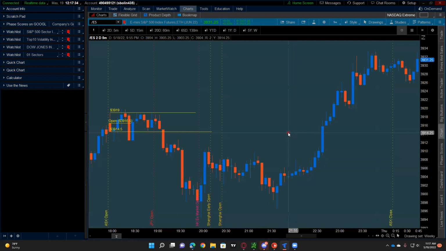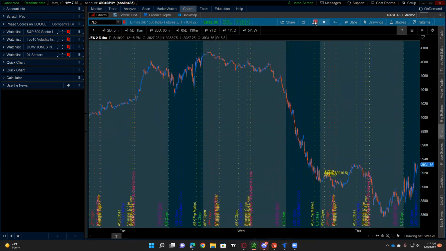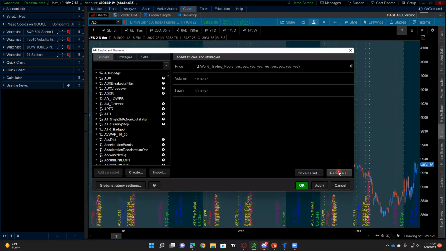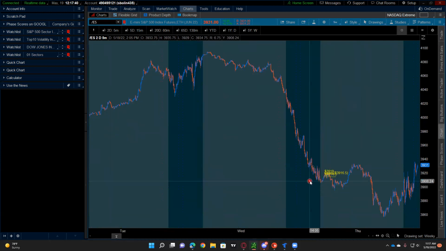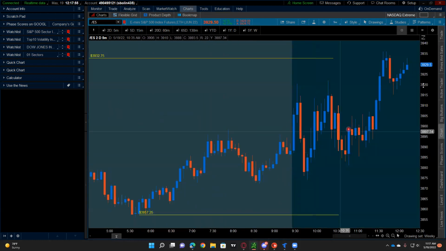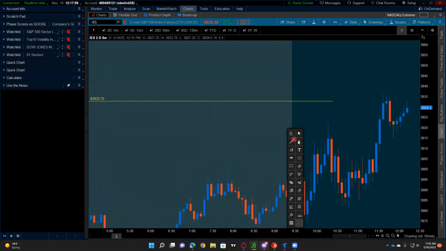Now, during the Globex session, we want to make sure that we mark out our pivot points just like we would in a regular trading day. So we want to keep track of the Globex high and the Globex low, because if we revisit those areas while we're in the trading session, there's likely to be an opportunity, right? Just like how in the regular trading session, I would mark a high.